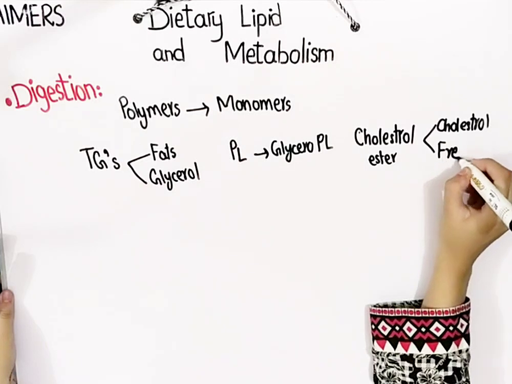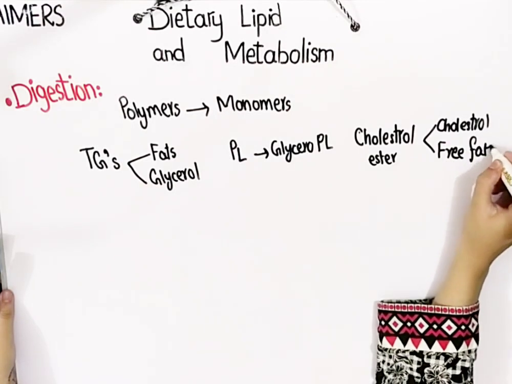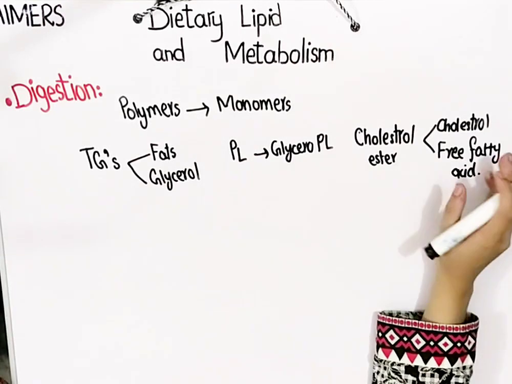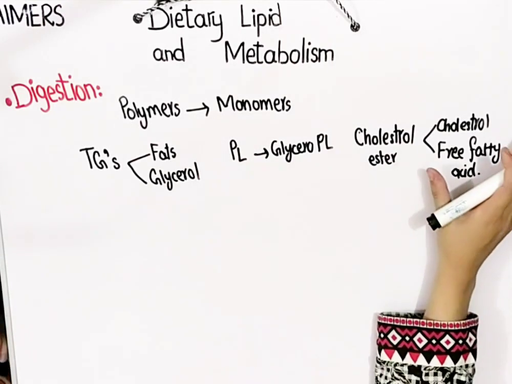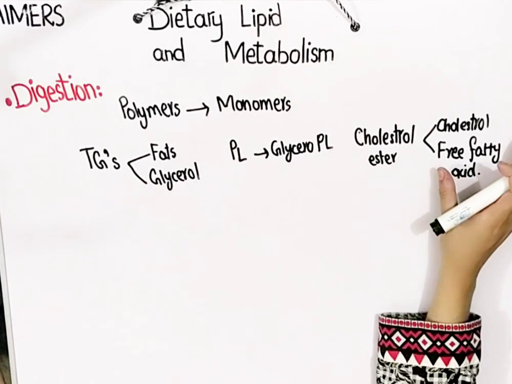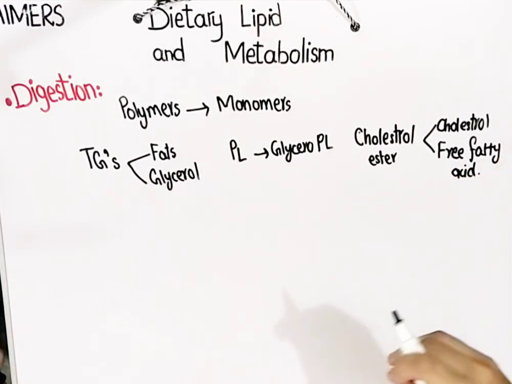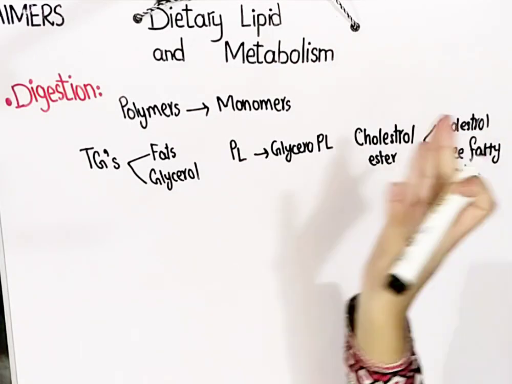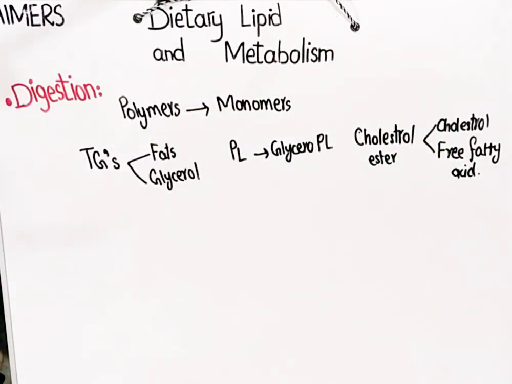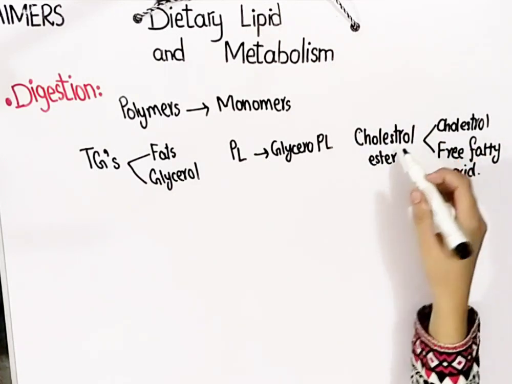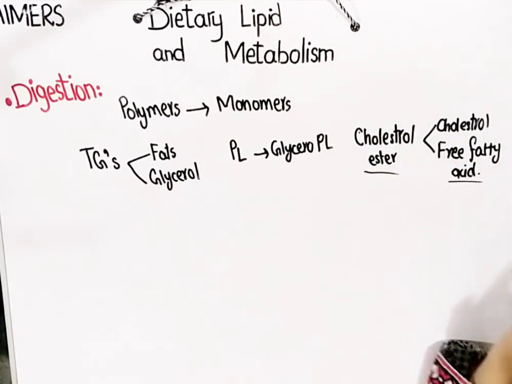Free fatty acids. Also remember the difference between a fatty acid and a free fatty acid. Fatty acid simply means fatty acid. What is meant by free fatty acid? Wherever the term free fatty acid is written, it means the fatty acid which has been obtained from the breakdown of a lipid. It means some lipid has been broken down and the fatty acid released from that lipid is termed a free fatty acid.